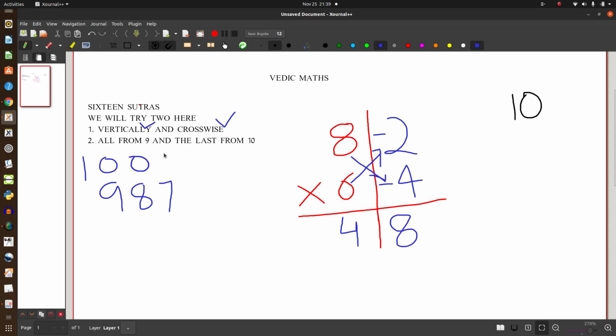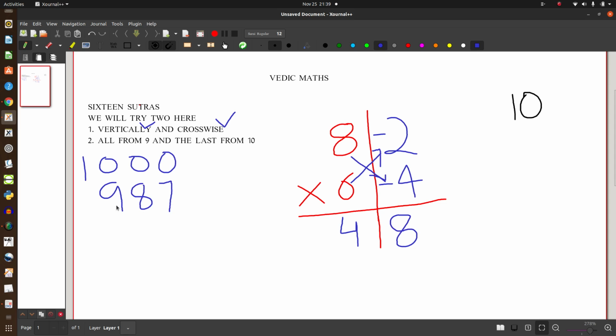How to do that? Either we solve it in the general way, or the other way is simply, when you have three numbers, first we subtract from 9, second we also subtract from 9, and the last one will be subtracted from 10, and whatever values you get, that is the answer.